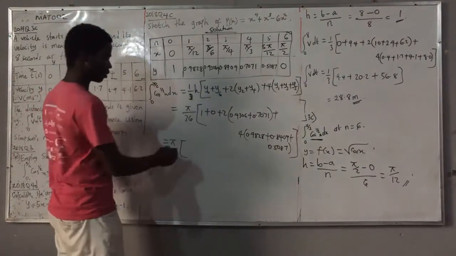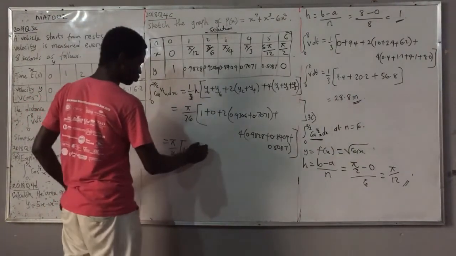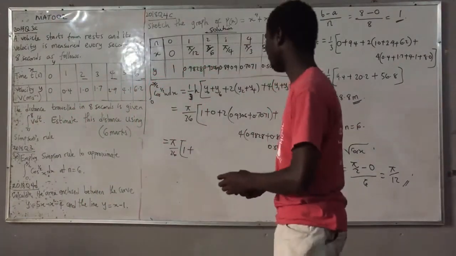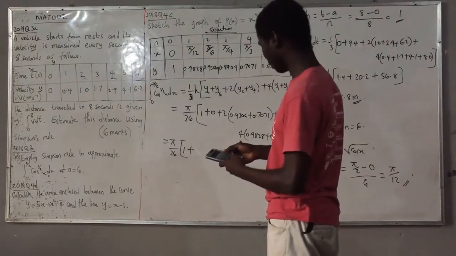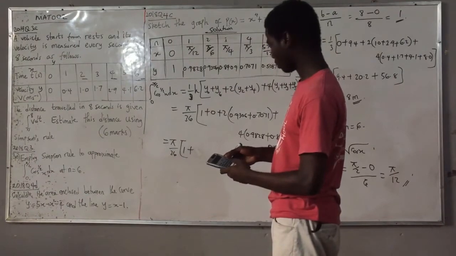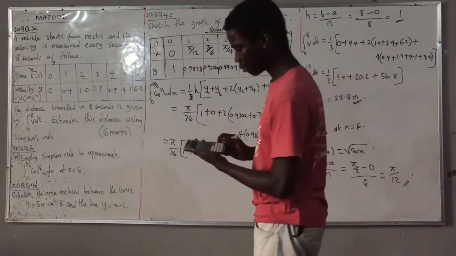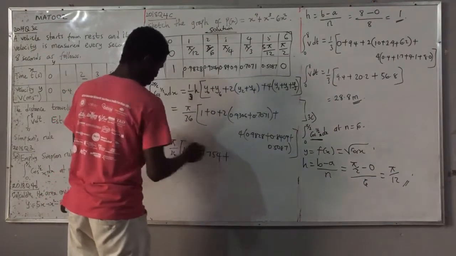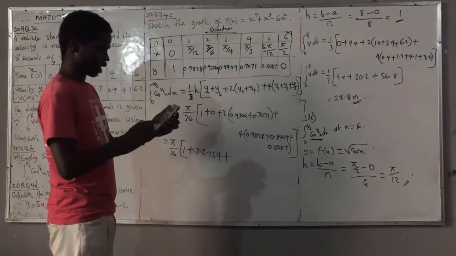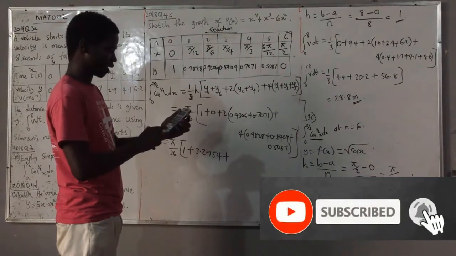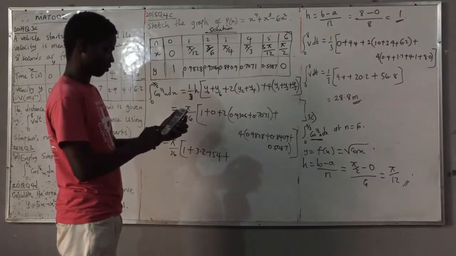So now this is pi over 36 times 1 plus 0 is 1, plus 2. Now you use the calculator here. I told you earlier that the calculator is most of the work here. 0.9306 plus 0.7071, right? Multiplied by 2. So the answer is 3.2754. Plus, now the next one, 0.9828 plus 0.8409 plus 0.5087.